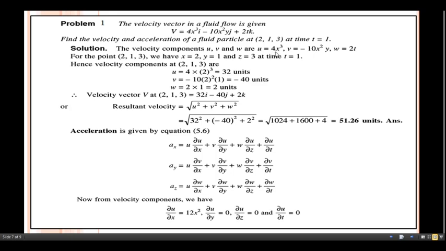Now you have to differentiate the same relation, u equals 4x³, with respect to y, ∂u/∂y. If I differentiate this term with respect to y, this relation with us is only in terms of x, so automatically this term becomes constant, and the derivative of a constant is nothing but 0.